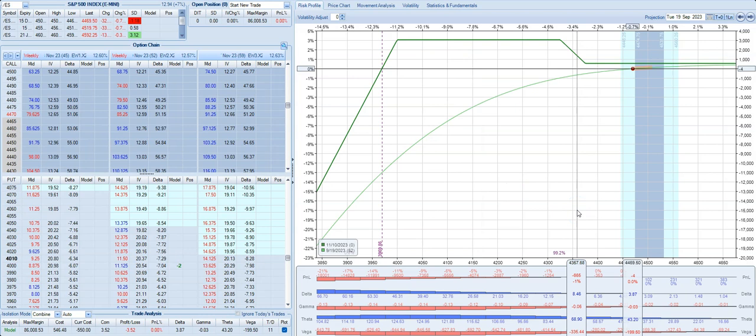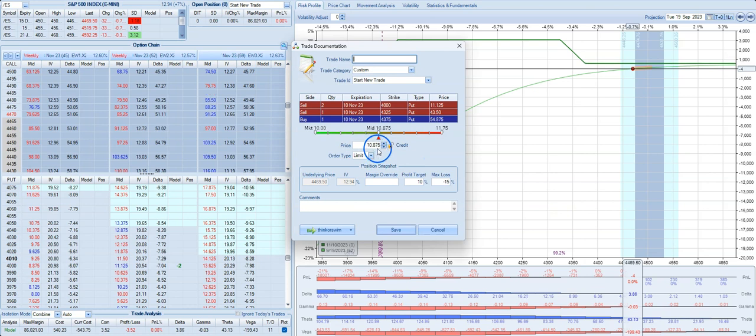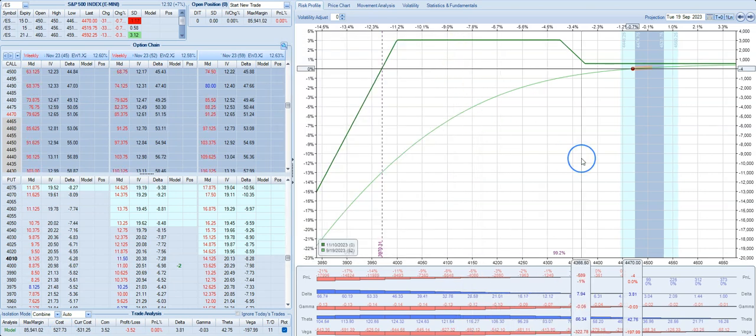Now keep in mind, if you're trading ES options, they have a multiplier of 50, which means that we are not collecting $1,100 for this. We're only collecting about $550, right? So in order for us to collect the same amount of dollars, if we did the same exact trade in SPX, we would be collecting close to $1,100 per one tranche or one contract.